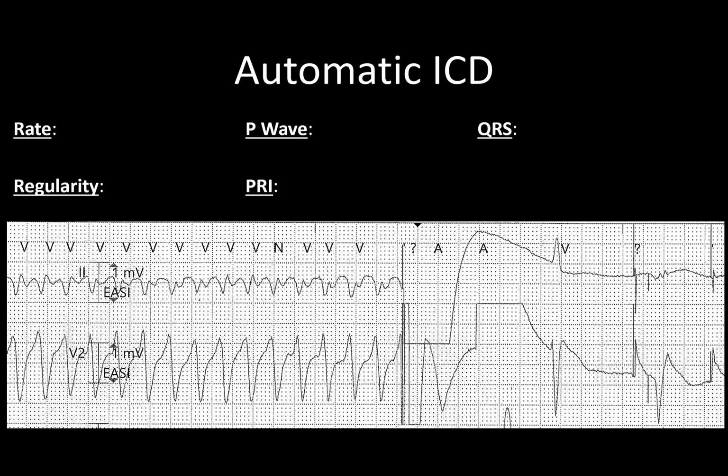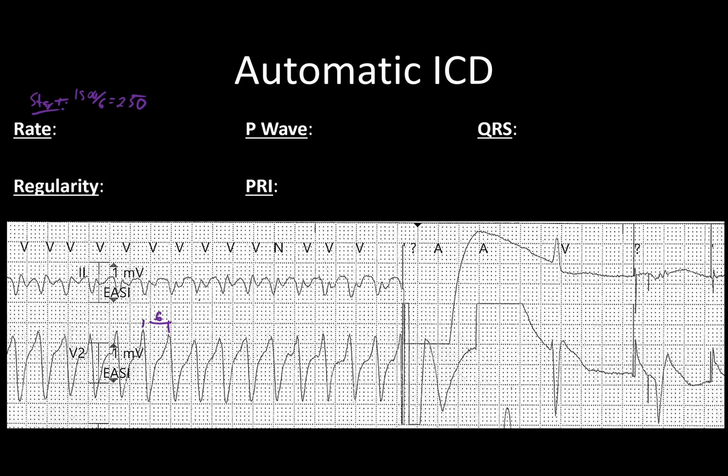At the very start, we have a nice fast rhythm, and so I'll mark from here to here, and that's 1, 2, 3, 4, 5, 6 or so. That's about 250. And then here at the end, we're going to measure some.